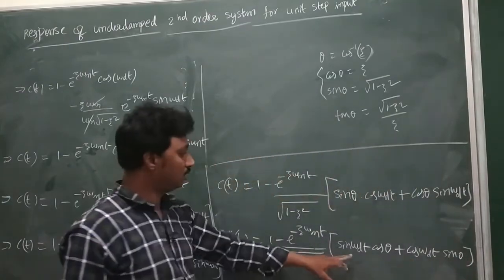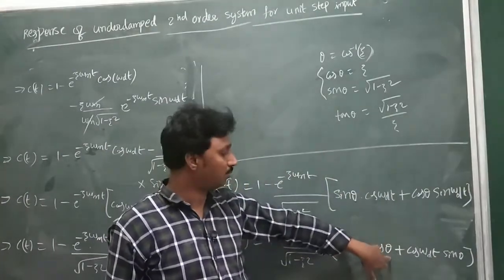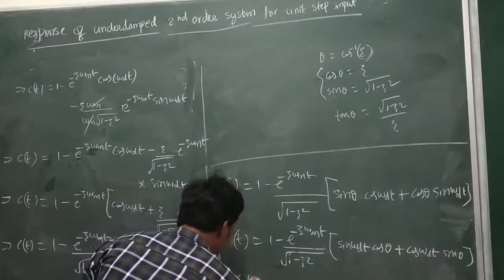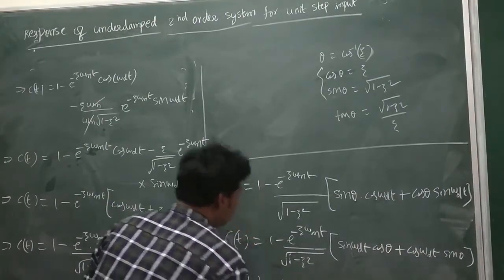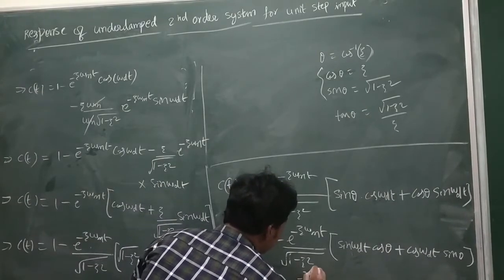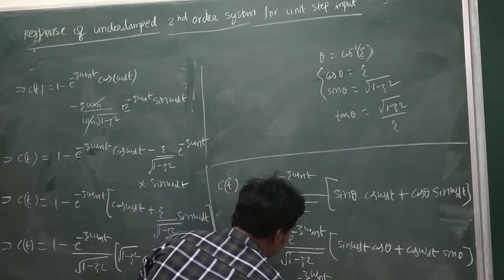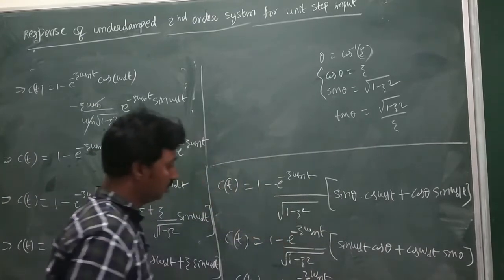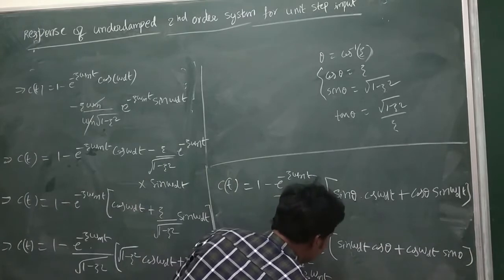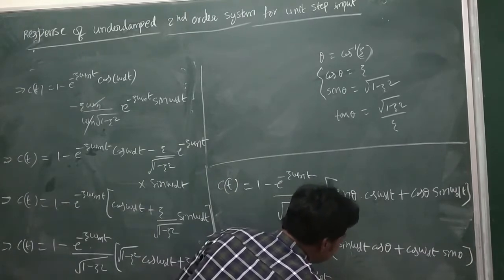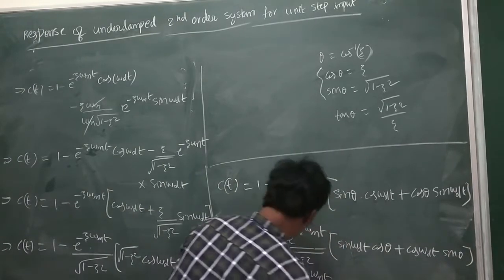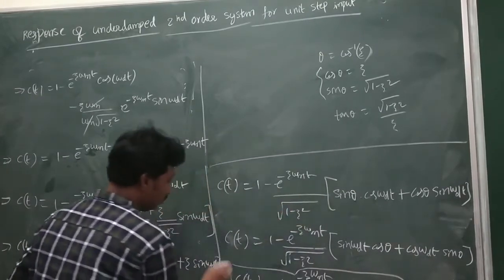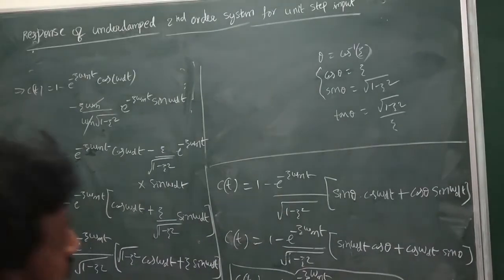So you have sin A cos B plus cos A sin B is equal to sin of A plus B. So c of t is equal to 1 minus e raised to minus zeta omega n t by root of 1 minus zeta square sin of omega d t plus theta. This is the final equation.